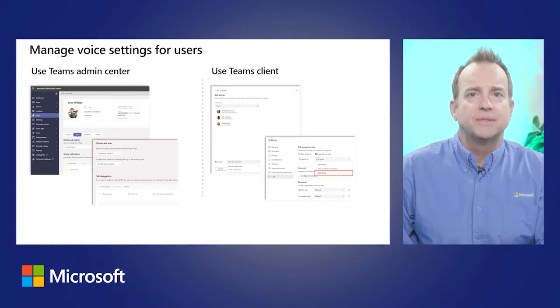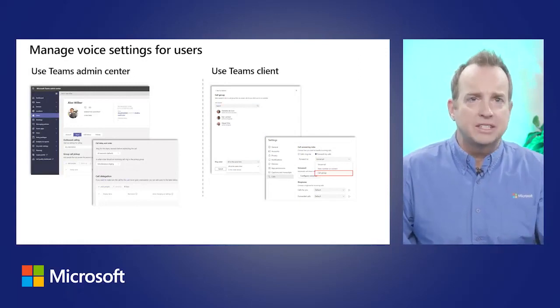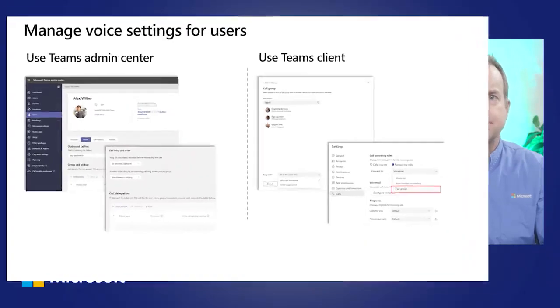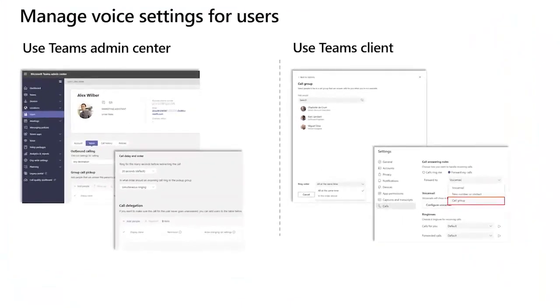Voice settings. We can do certain tasks in the Teams admin center, others from the Teams client. From the Teams admin center, we're looking at call delay for a specific user, Alex Wilbur. We can ring for 20 seconds before redirecting the call. We can also specify if a pickup group is involved.